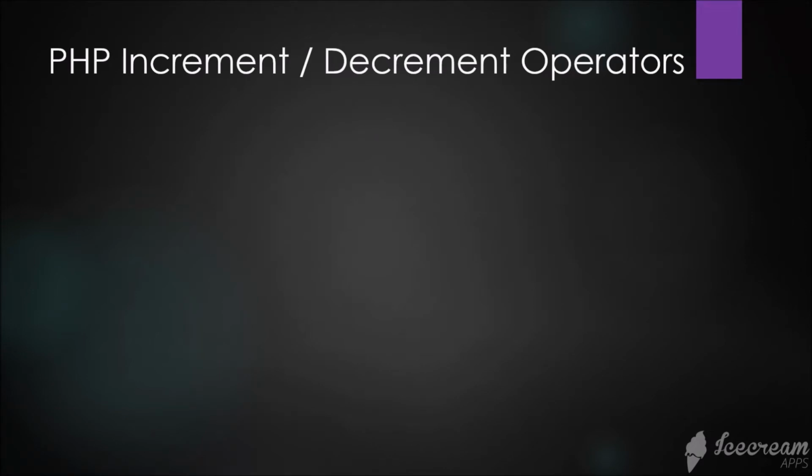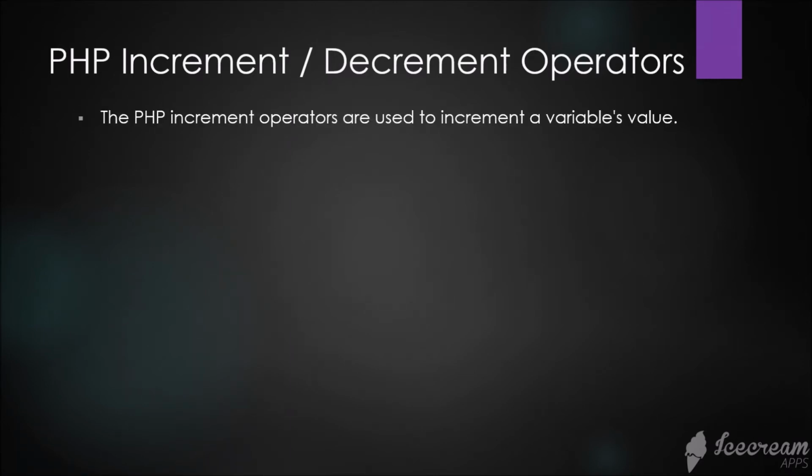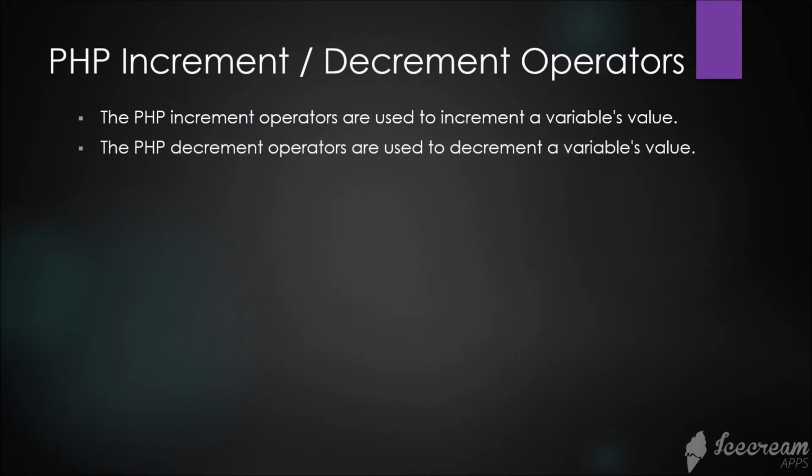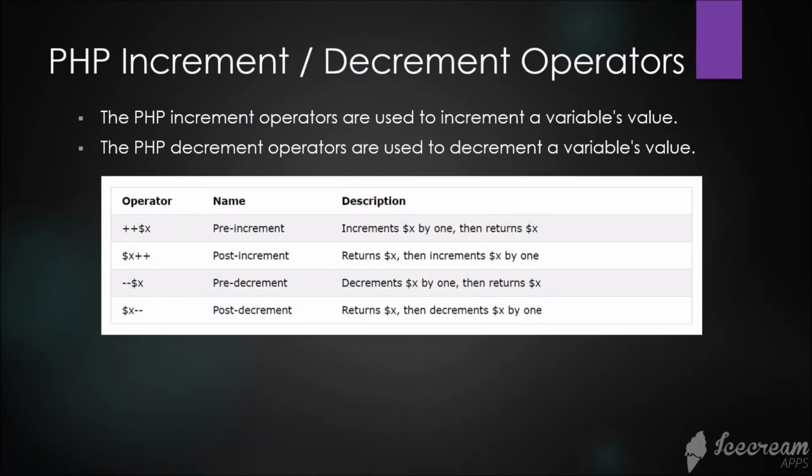Okay, so PHP Increment and Decrement Operators. The PHP Increment Operators are used to increment a variable's value. The PHP Decrement Operators are used to decrement a variable's value. So we have here our sample operators.